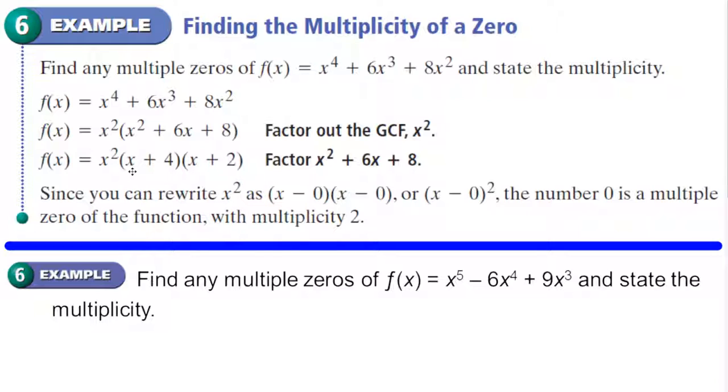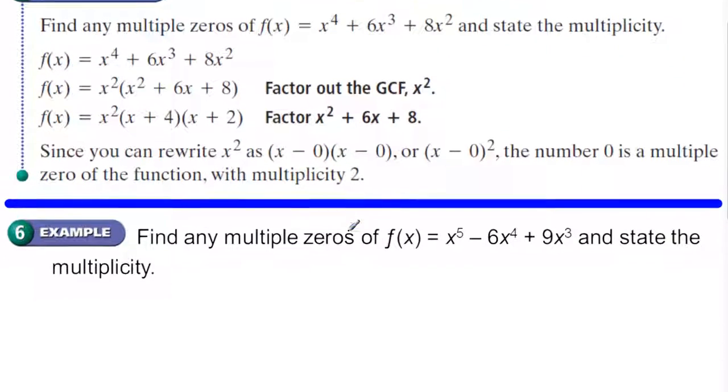So then you have a 0 at 0, a 0 at negative 4, and a 0 at negative 2. And you have 2 zeros at 0 because you have that degree 2, that power of 2, which is what they have here. So the number 0 is the multiple 0 of the function with multiplicity of 2.